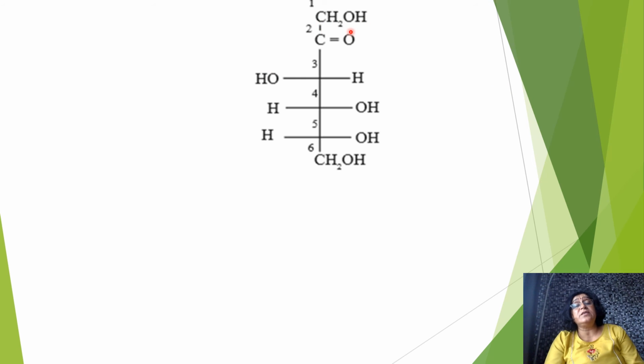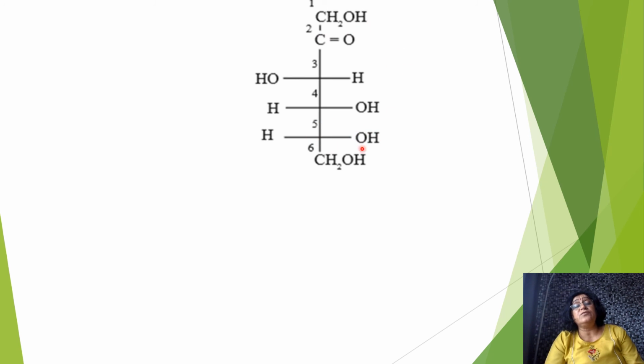The first carbon is CH2OH. The second carbon has the ketonic group, that means C double bond O. As in the case of glucose, the pi electron gets shifted towards the more electronegative oxygen, and carbon gets a positive charge. So this carbon attracts the electrons from the oxygen that is attached to the 5th carbon.